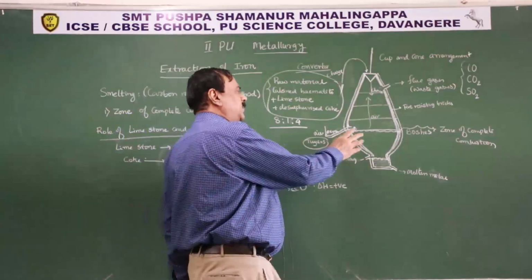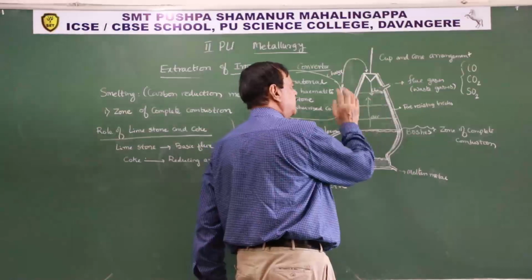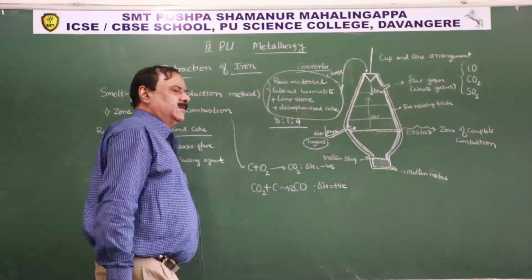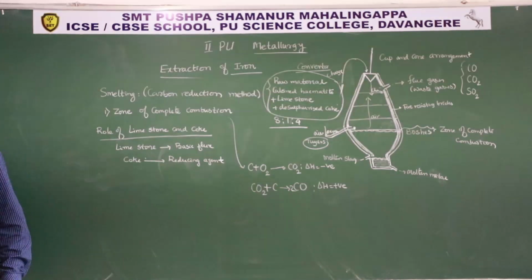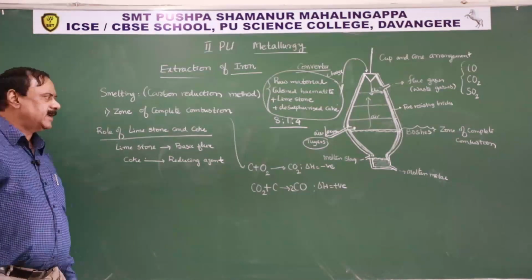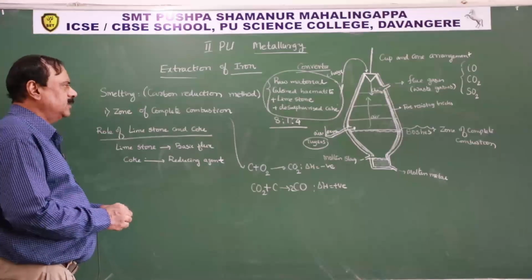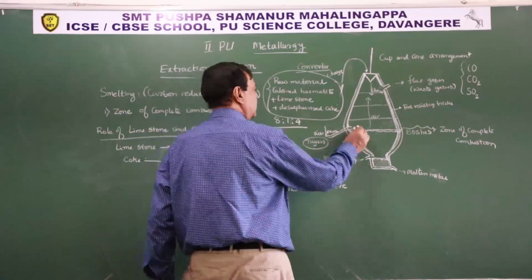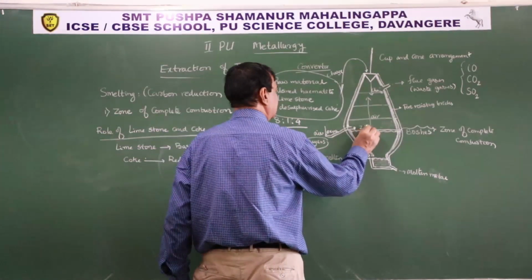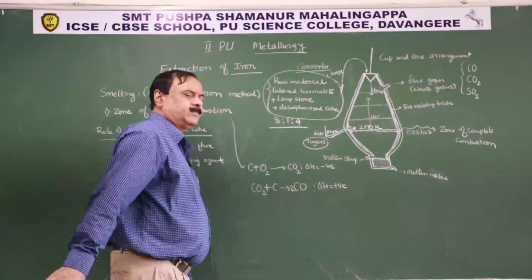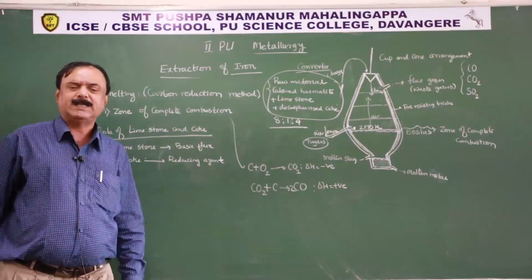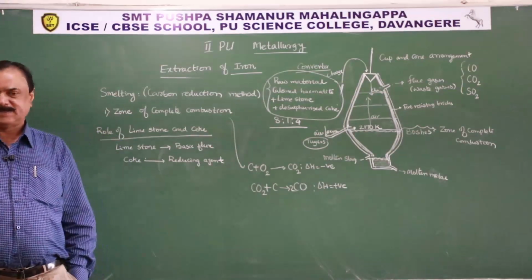Now, somewhere here we have 1000 degrees Celsius. What about the zone of complete combustion? Here carbon is converted into carbon dioxide, and a very high temperature of 2170 Kelvin is attained by the furnace.